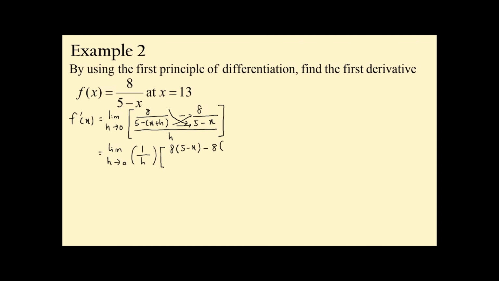So we will have 8 times 5 minus x minus 8 times 5 minus x plus h divided by, and then for the denominator part, we just have to copy everything back. So 5 minus x plus h times 5 minus x.